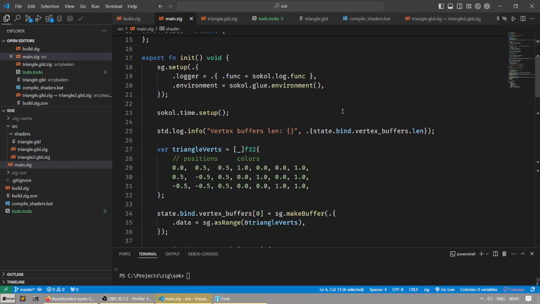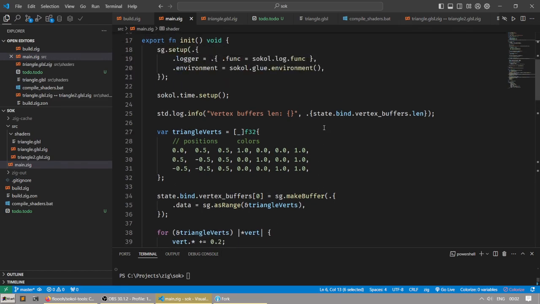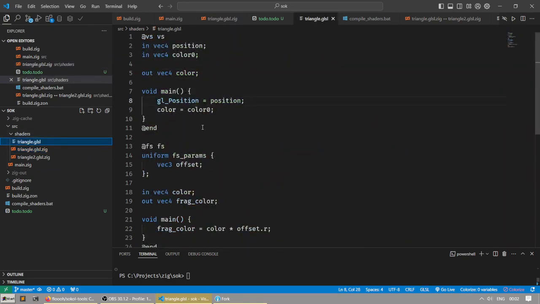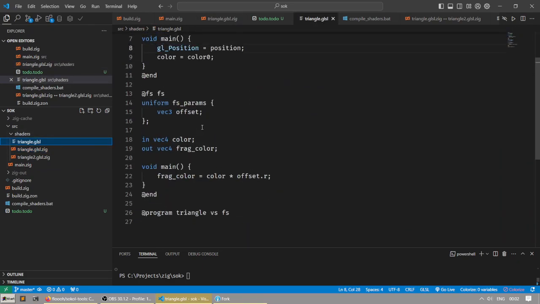You know, make sure that it works at compile time, which is pretty cool. For example, I've added into the triangle fragment shader, here is my uniforms.